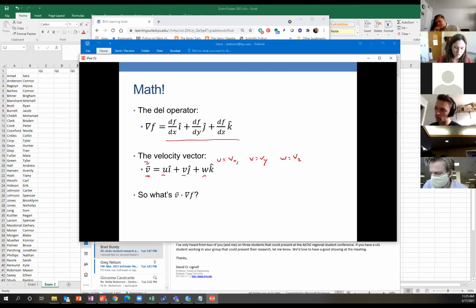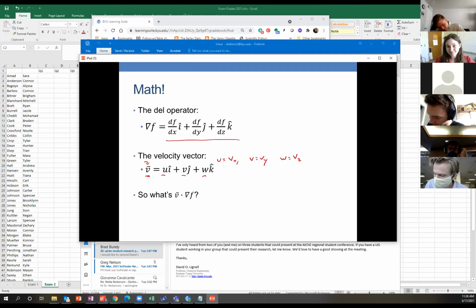All right, so what's V dot del F? Speaking of math 302, we're doing a dot product of two vectors. What do we get? Since you made that comment about math 302, Rankin, what do we get when we dot together two vectors?